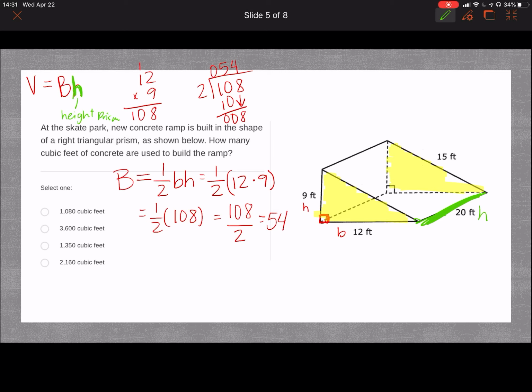So this is H. So then we can just come back and fill in our volume formula. Big B is 54 times the height of the prism, which is 20. No decimals, so that is our final answer.